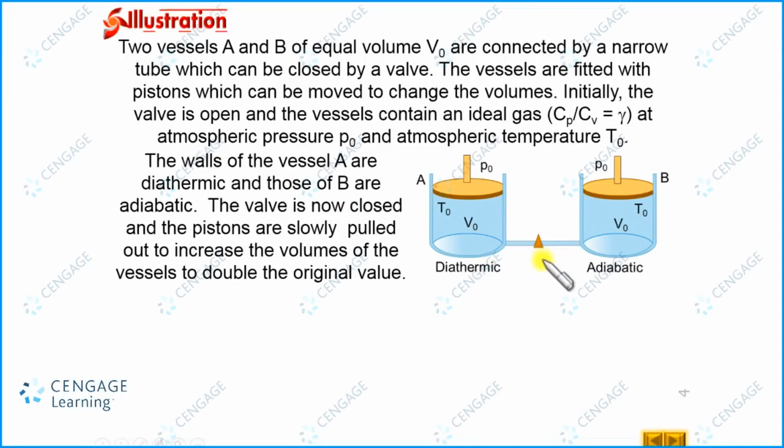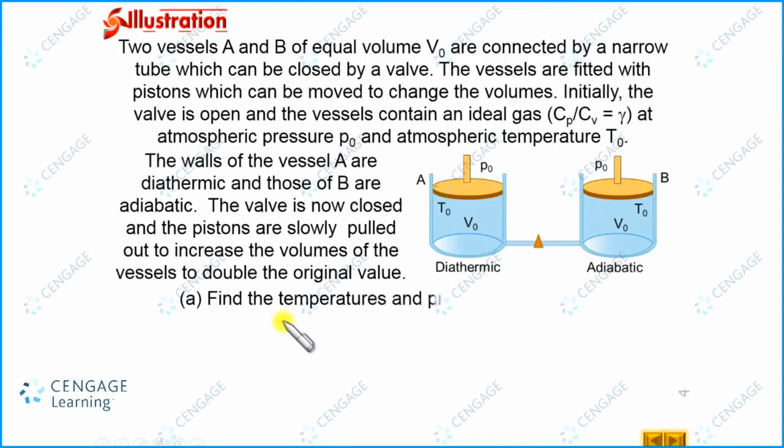Now this valve is closed after being open for a sufficiently long time. The valve is closed and the piston is slowly pulled out to increase the volume of the vessel to double the original volume. Now this valve is closed and the volume of this vessel and the volume of this vessel are increased to 2V0 and 2V0.